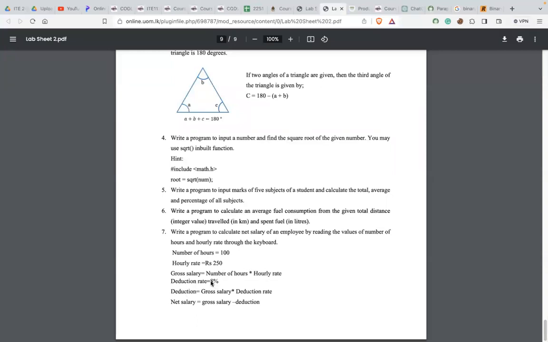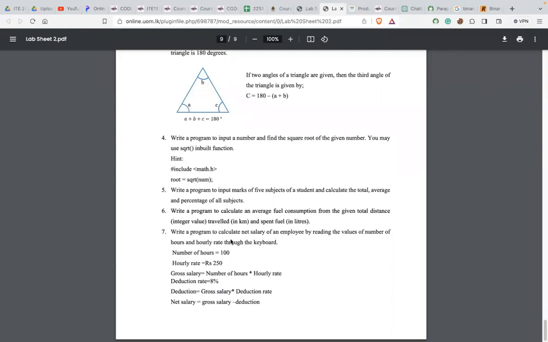And for the deduction rate, suppose the user enters 8%, then the deduction is equal to the gross salary, that is number of hours times hourly rate, multiplied by the deduction rate. The deduction rate is multiplied by 8 divided by 100 because this is a percentage. Then you can calculate the net salary, which is the gross salary minus the deduction. It's a very simple calculation.